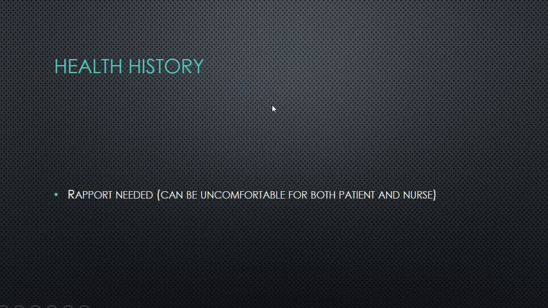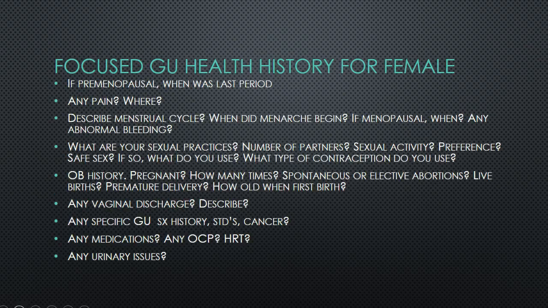So with the health history of the GU system, you definitely want to have a rapport, because this can be a very uncomfortable situation for both patient and nurse. So the nurse needs to make sure that they are professional throughout this assessment. Certain questions that you would ask your female patient: you want to know if they're premenopausal, when was their last period, if they're having any pain in their lower abdomen, any vaginal pain.